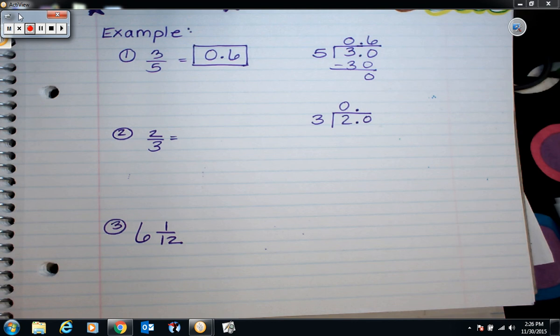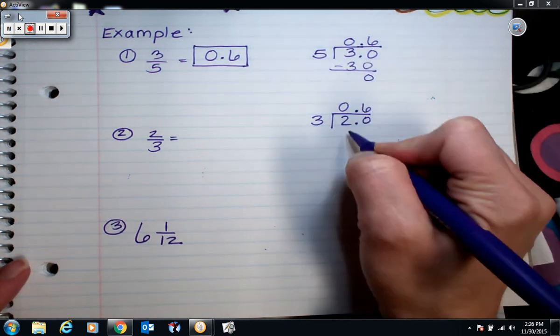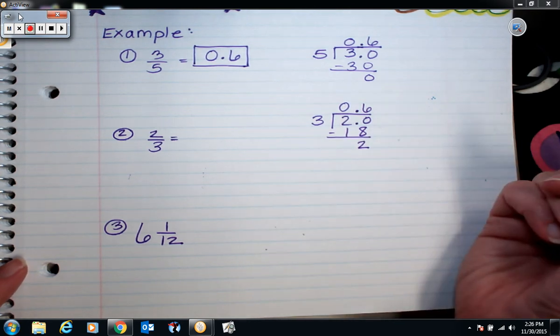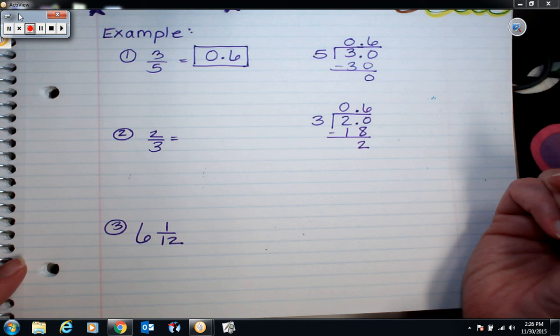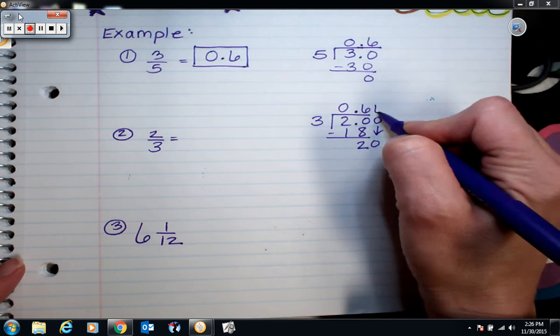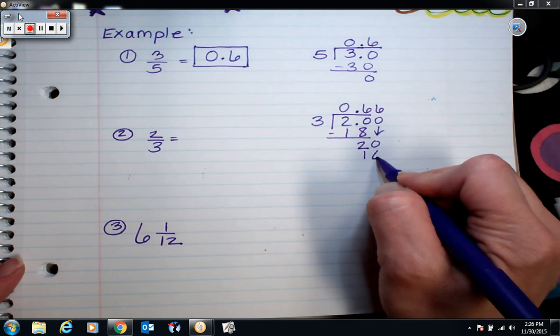So 3 goes into 20 then 6 times. 6 times 3 is 18. Subtract, and I have a 2 again. 3 doesn't go into 2 again. I need something to bring down, so I'm going to add a 0 and bring it down, and 3 goes into 20 6 times. 3 times 6 is 18.